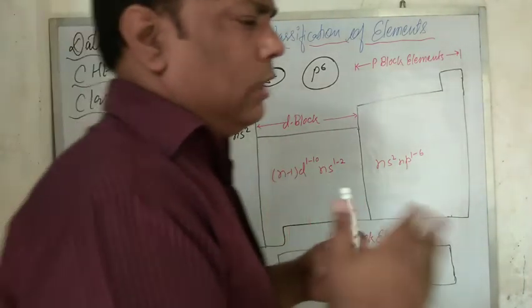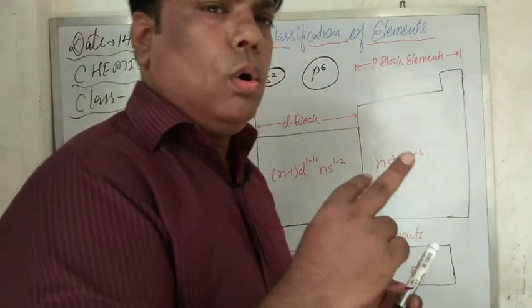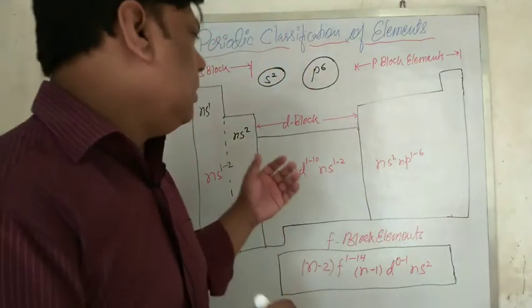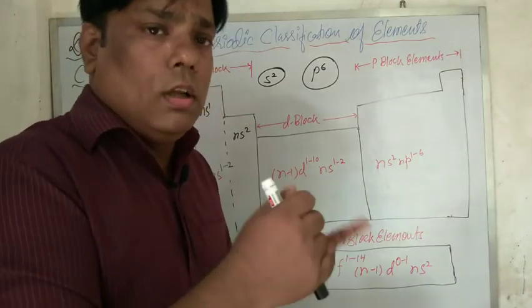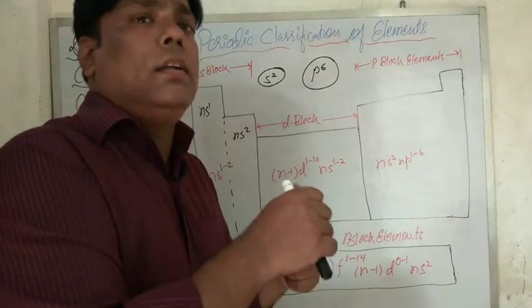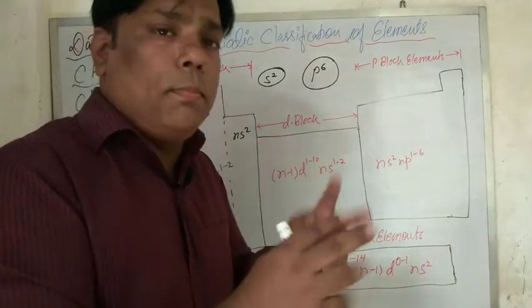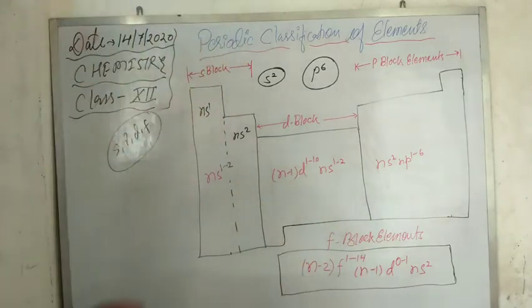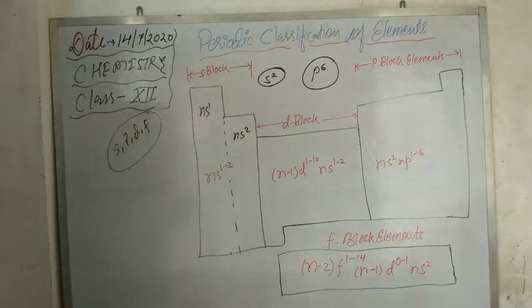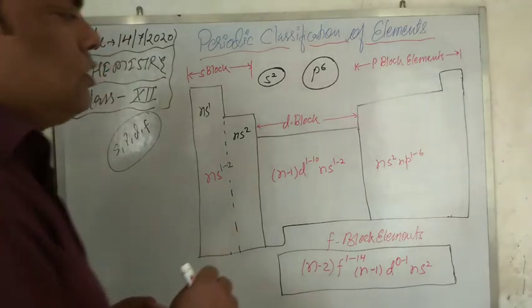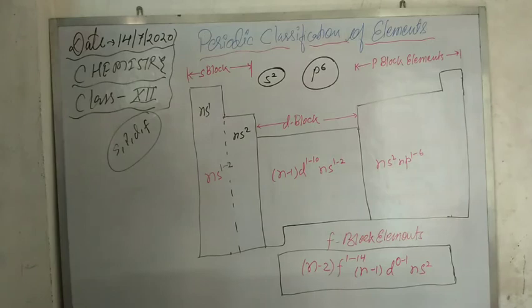Covalent bonding is a bond between 2 non-metals, and ionic bonding is a bond between a metal and a non-metal. So most P block elements form covalent bonds. Group 18 is the noble gases, group 17 is the halogens, and group 16 is the chalcogens.